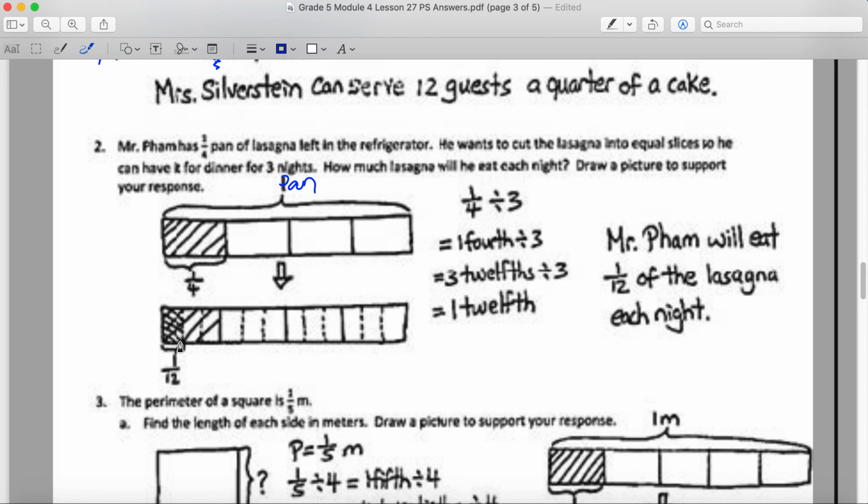So then how much lasagna will he eat each night? That's very different than if you had an entire pan and you wanted to feed people 1/4 of a slice, how many people could you feed? You see, that's different. Now we're asking about the part.